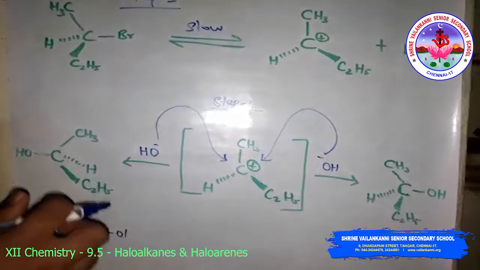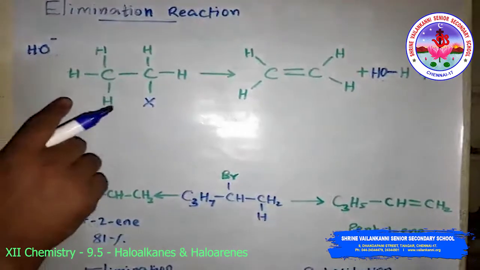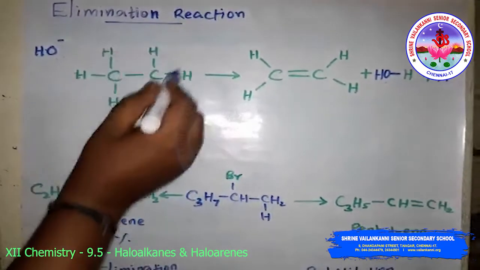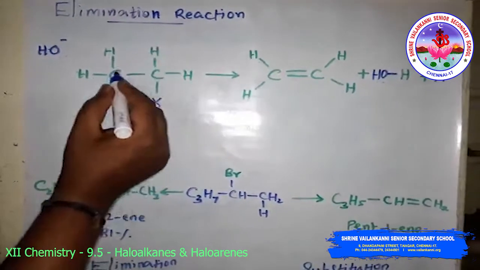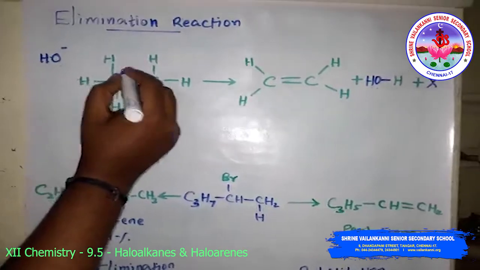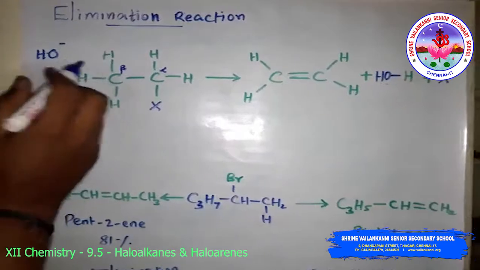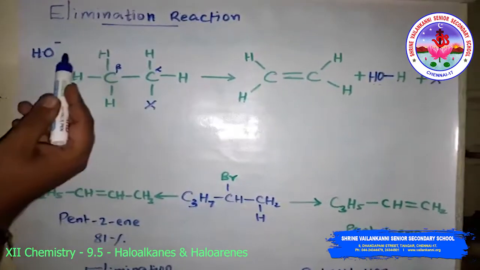Then next is the elimination reaction. When a haloalkane with beta hydrogen, so here this is the alpha carbon, so alpha hydrogen, this is beta, this is alpha and this is beta. So the haloalkane with beta hydrogen is heated with an alcoholic solution of potassium hydroxide.